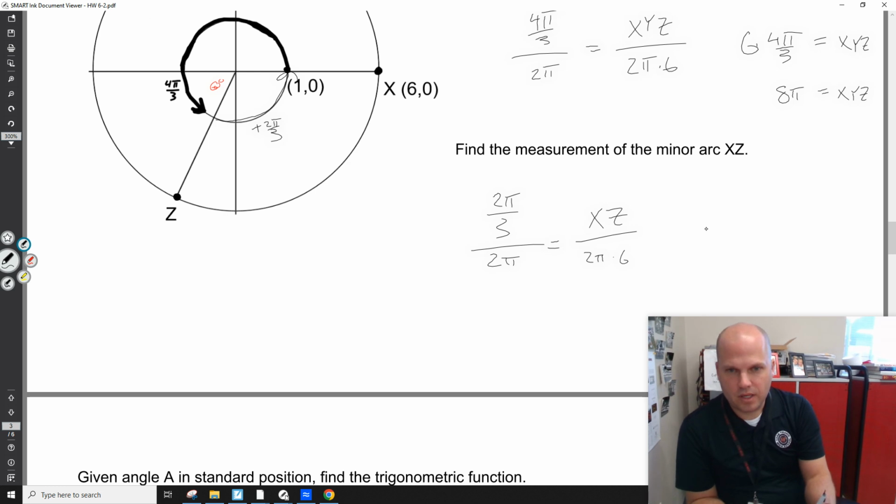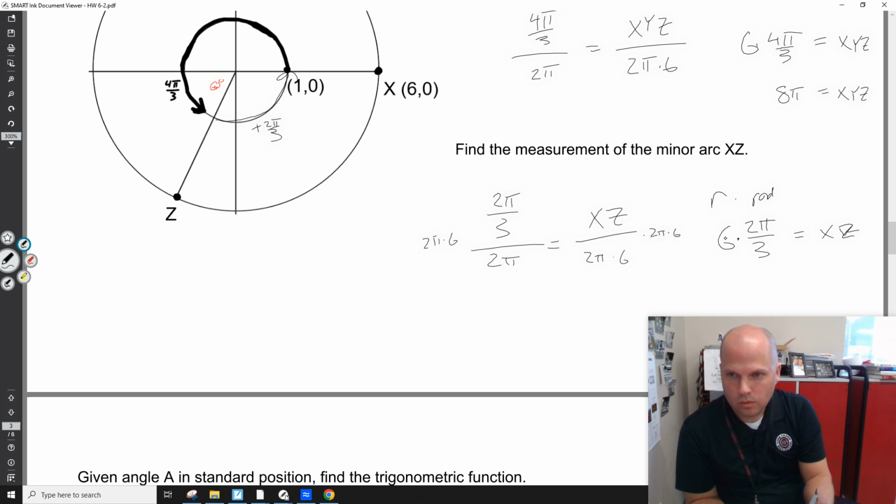What you end up with is the radian measurement times the radius of 6, because the 2 pi's will cancel. The radian measurement times the radius of the big circle will give you your arc length.